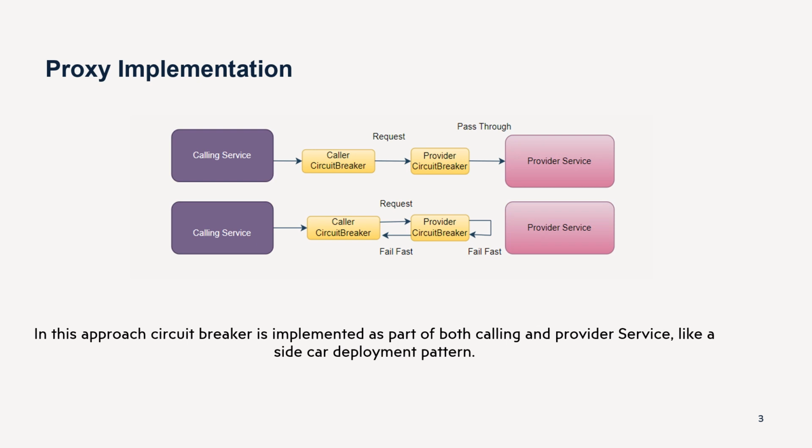So if you see that in this implementation, the main benefit is that there is no code impact to any calling or provider service. So both are independent, and the component which we're deploying for this pattern is basically a separate component, a sidecar proxy. So this is like a good pattern. Also, when I make a video on the service mesh, then it will be more clear.